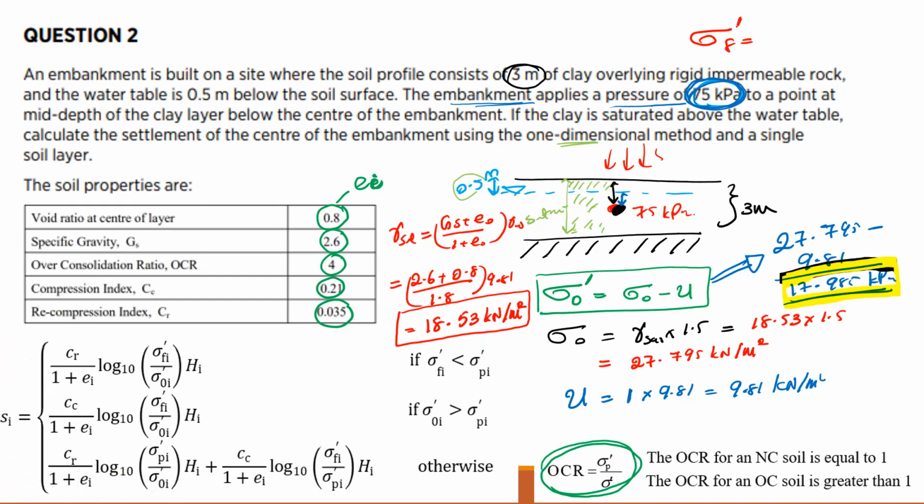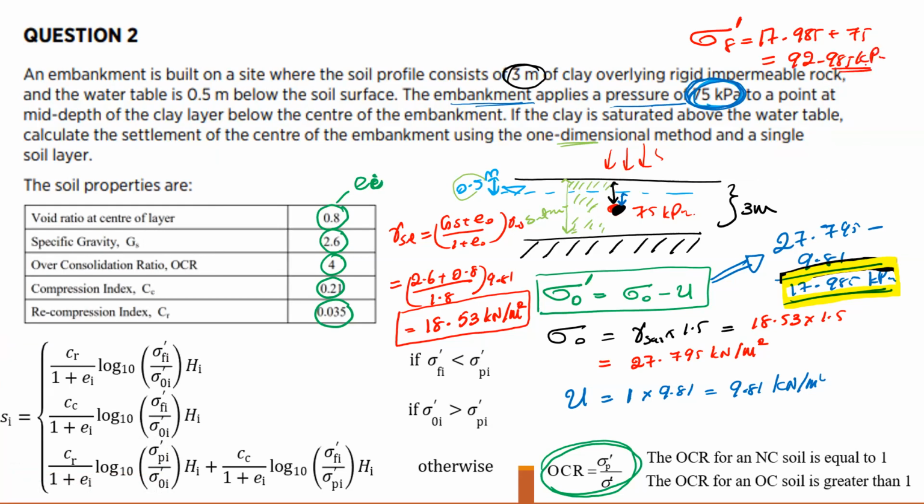If you add to the effective, it will be the final effective; if you add to the total, it will be the total. So effective will be 17.985 plus 75 kilopascals, so final 92.985 kilopascals. Okay.